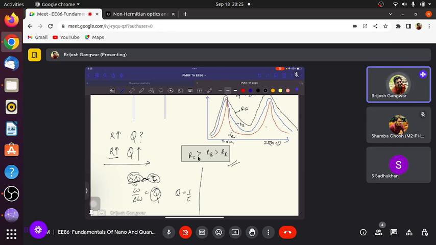So which of the cavities A, B or C will have a longer lifetime? It will be inversely proportional.